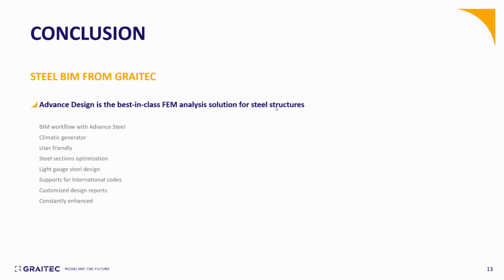We have the optimization option, light gauge steel design, and a full library of hot rolled or cold formed sections and materials. You can customize your design reports. We cover most of the international codes. And we are working on the software to enhance it every year with code updates, new features, new tools, listening to our users.